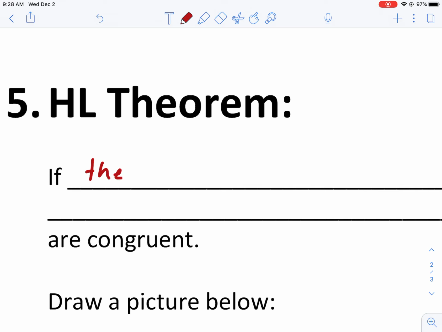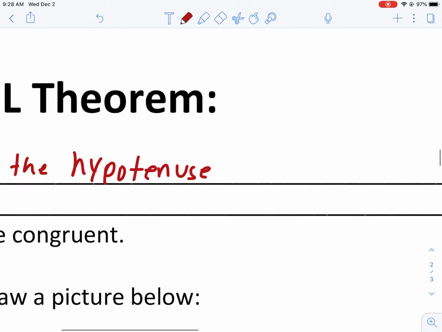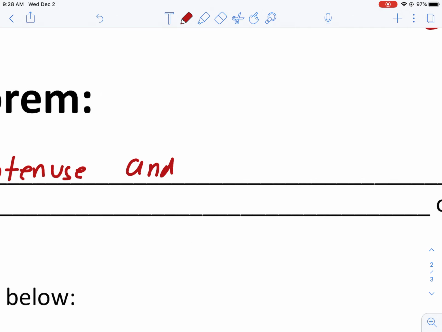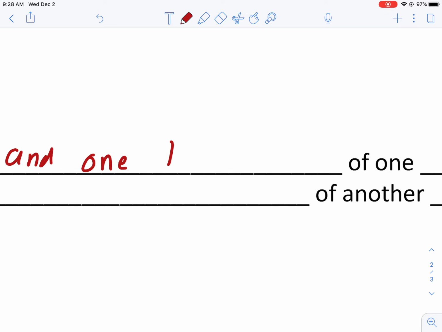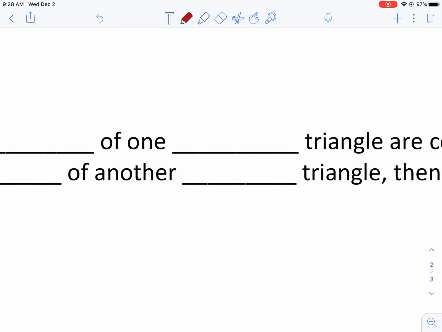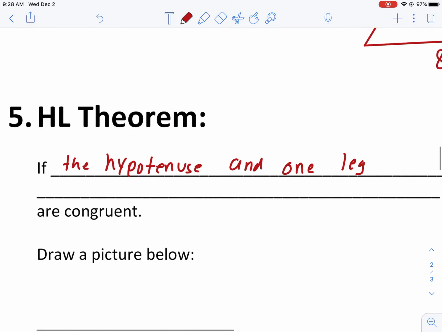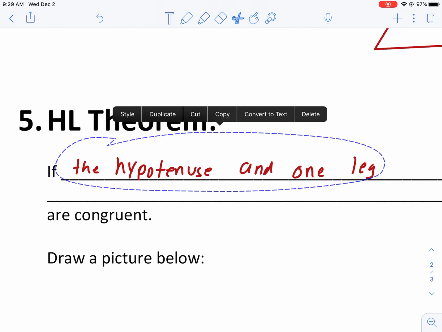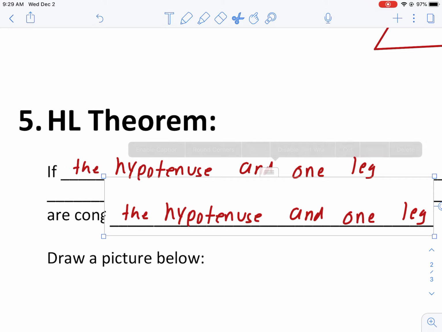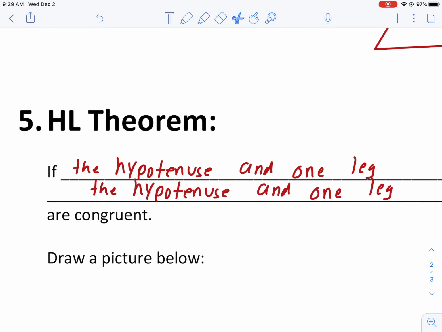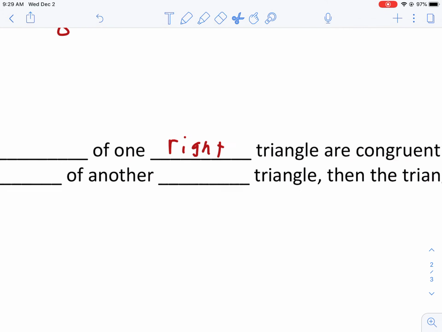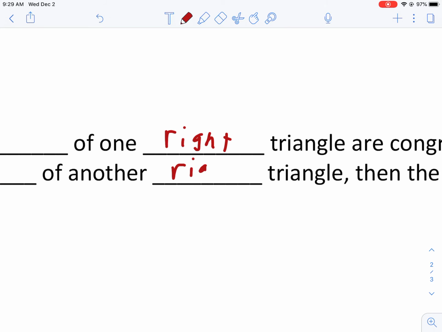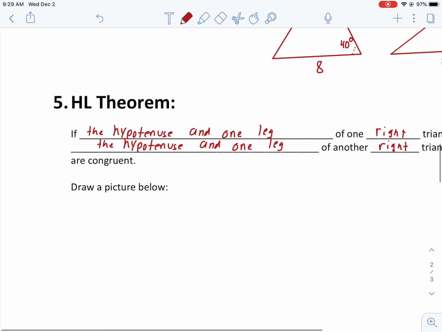If the hypotenuse and one leg of one right triangle, so this only works with right triangles, are congruent to the hypotenuse and one leg of another right triangle, then the triangles are congruent.